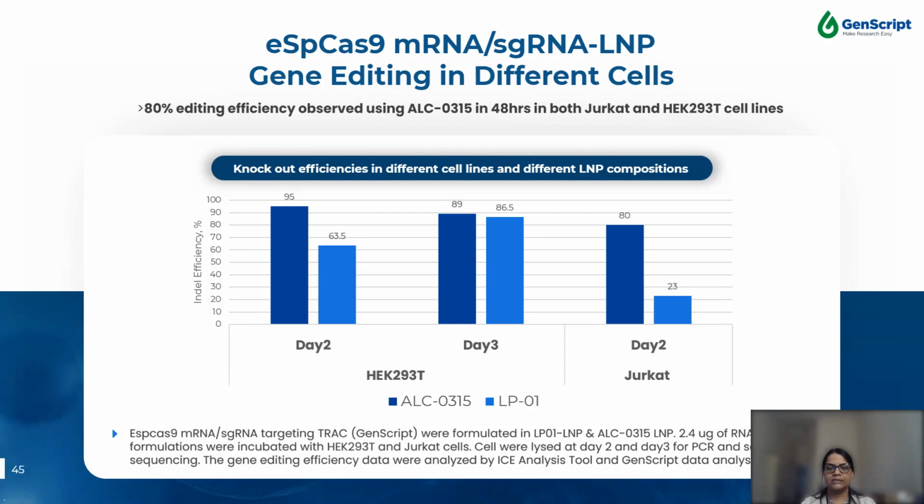And we can see the LNP formulation ALC0315 shows more than 80% editing efficiency in 48 hours in both cell types. And hence, LNP formulation is also important when selecting to work with Cas9 mRNA based gene editing.